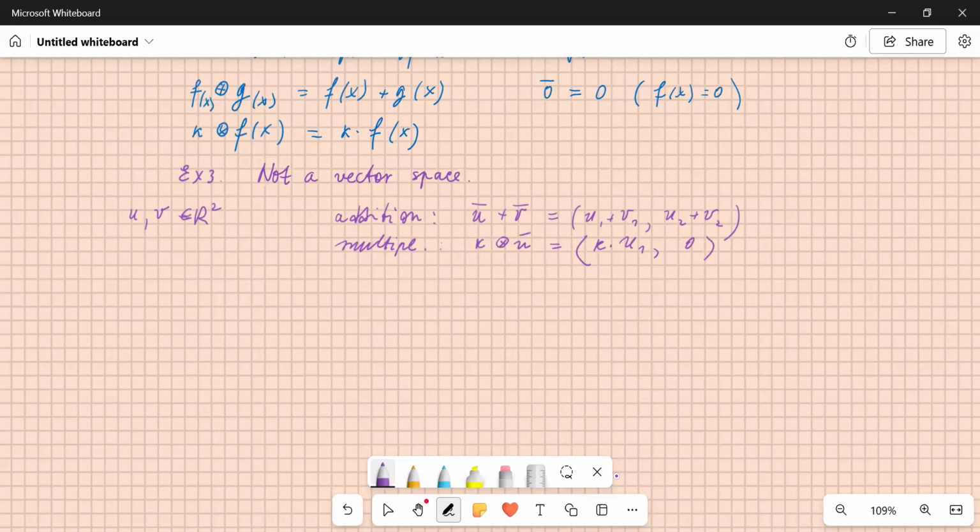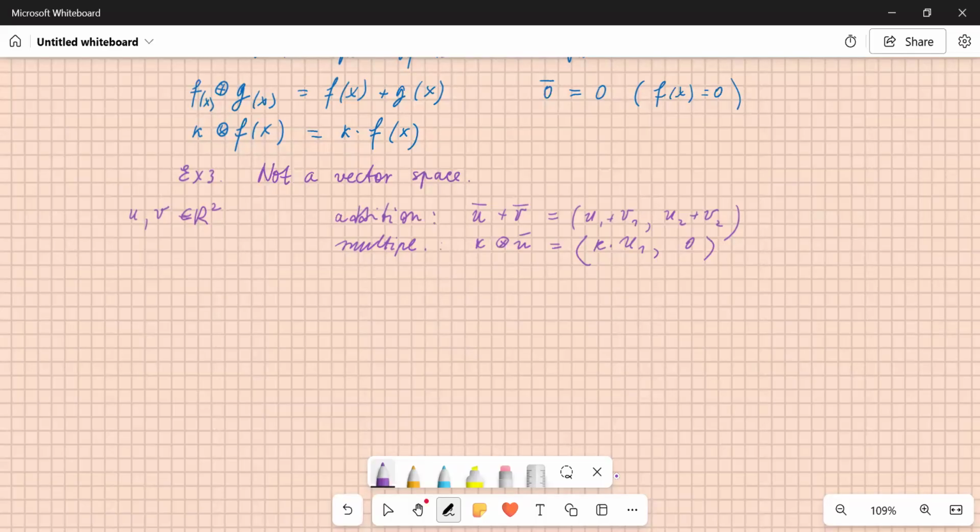And if you start checking the axioms from the first, number one, number two, you're going to see that this surprisingly strange vector multiplication and addition is going to pass nine axioms. What is going to happen if I add these two vectors? Well, all addition axioms are going to work just because this is regular vector addition, and we know that it satisfies all the rules of vector addition.